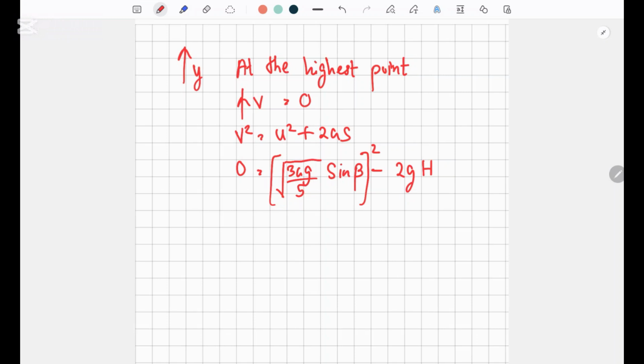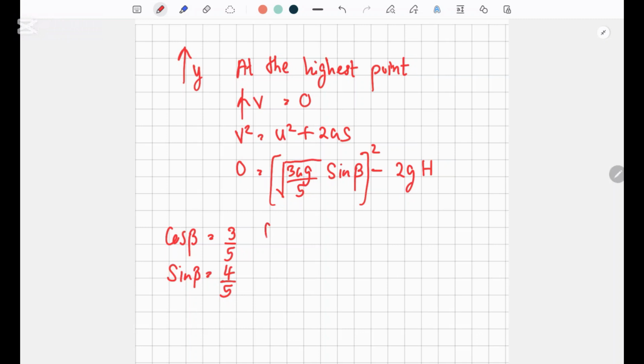Let's find sine beta. We had cos beta equals 3 over 5, so sine beta is 4 over 5, because 5 squared minus 3 squared is 16, and the square root of 16 is 4, so the opposite side is 4. So sine beta is 4 over 5.